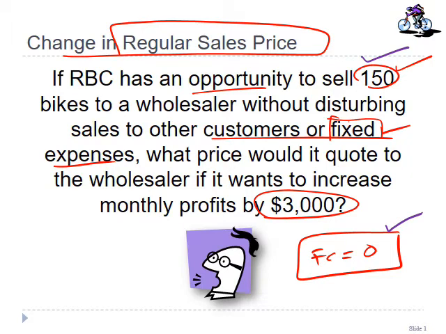So the idea is we're going to remove the effect of fixed cost from our sales price, and that should be the minimum price that we should charge. But we added a different flavor, that we want to earn 3000 profit as well. So we just add 3000 profit in our price, and we want to find out how much the price is. So let's see that.